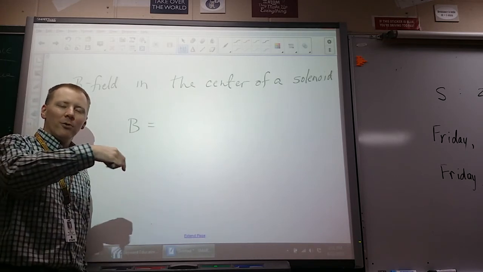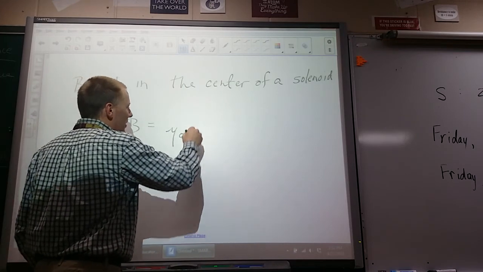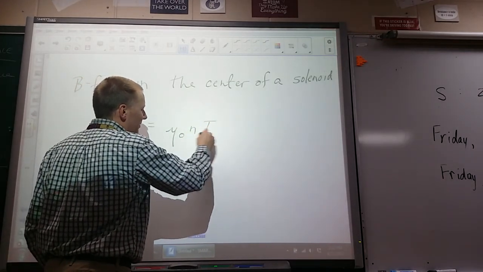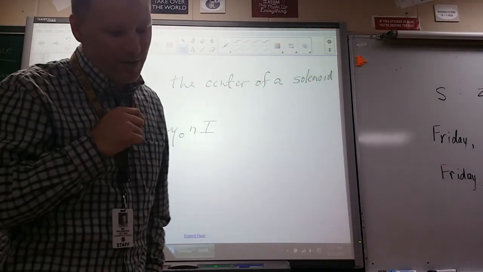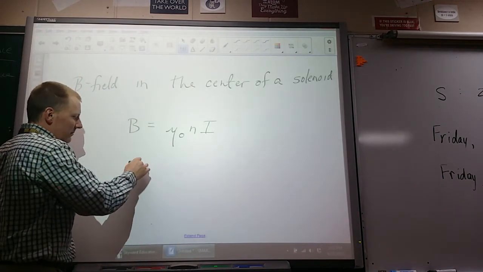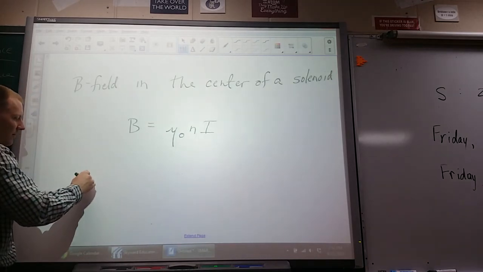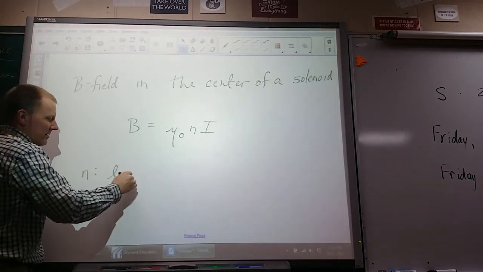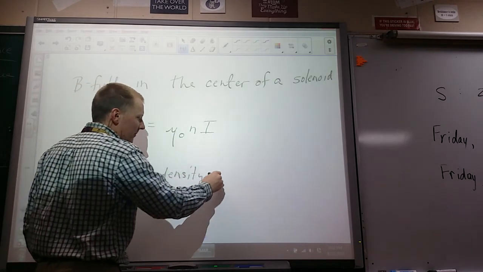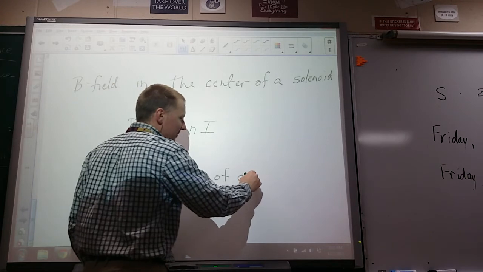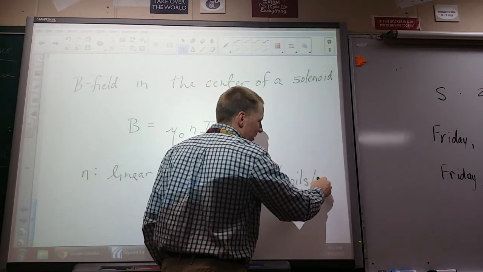We still use the right-hand rule to find the direction the field is going inside. But here is the formula, where mu naught is that recurring constant, the permeability of free space. N is called the coil density, the linear density of coils, which is a fancy way to say how many coils per meter there are.